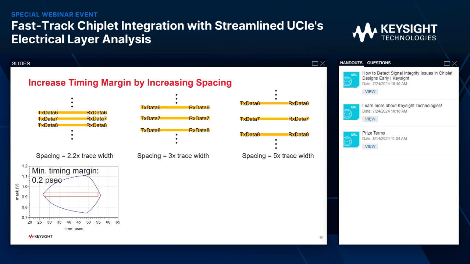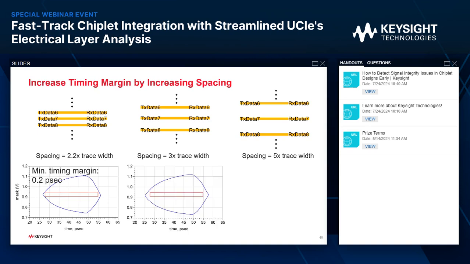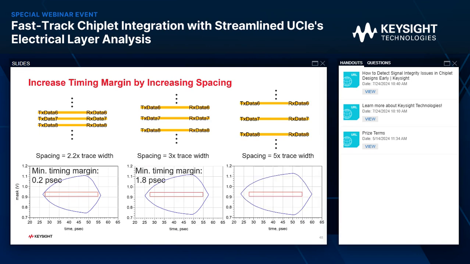As we increase the spacing, we should expect the minimum timing margin to increase. Now in the middle, a little more spacing. The timing margin is at 1.8 picosecond. And finally, when our spacing is 5 trace width apart, the minimum timing margin is 3.8 picosecond. So definitely better eye and increased margin as we increase the spacing between the traces.